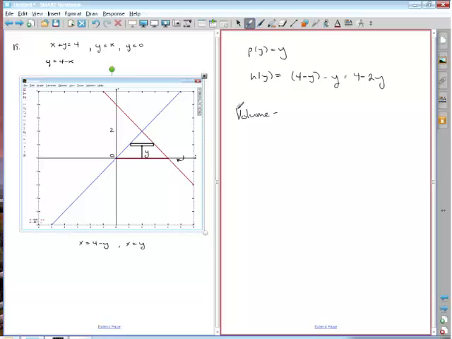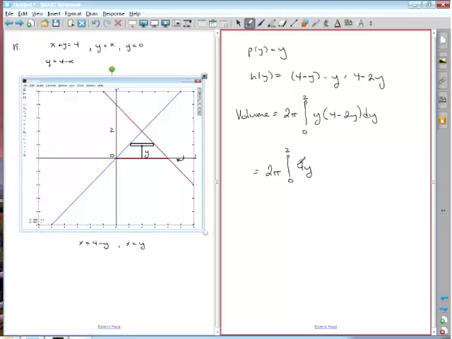The volume using the shell method around a horizontal axis is going to be equal to 2 pi. We are integrating in the y direction, so we use the y limits, which are from 0 to 2. p of y is y. h of y is 4 minus 2y. And we multiply by dy. So we multiply out what's in here.